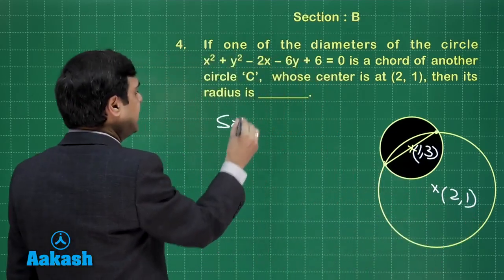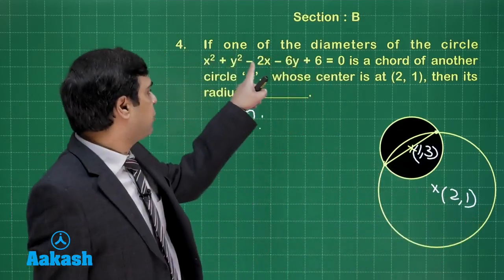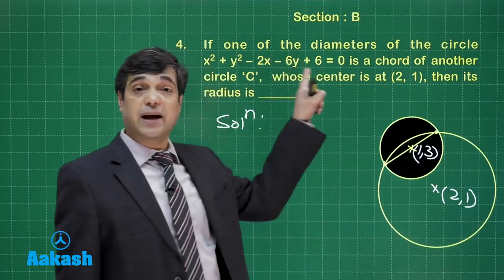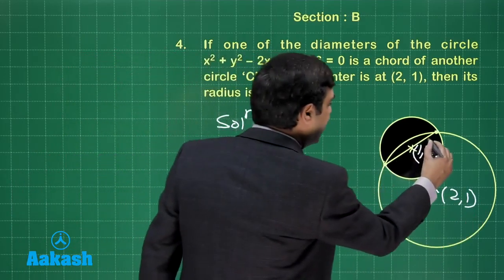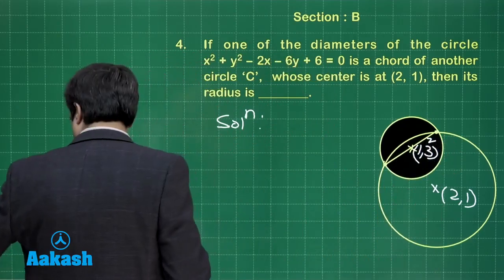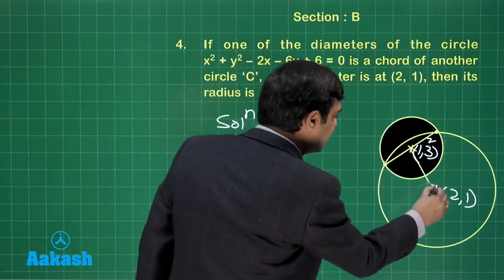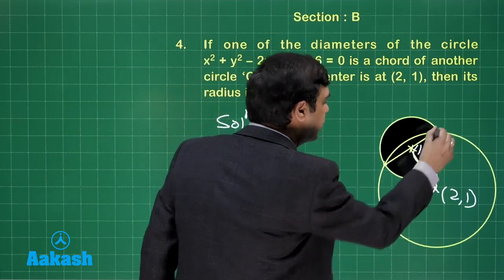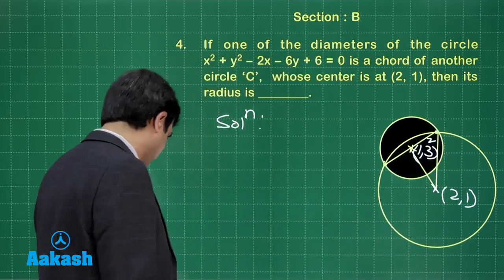Now, what is the radius of the given circle? From here you can see 1 plus 9 minus 6. So this radius is coming as 2 units. What we are looking for is the radius of the next circle. That means this portion we are looking for. Simple geometry is there.